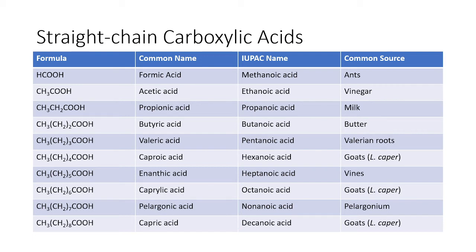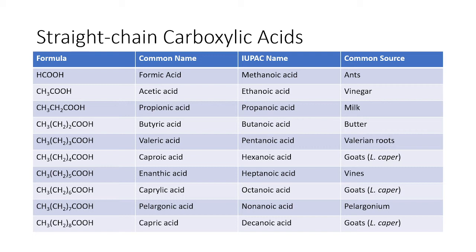And ang nangyayari lang, we just add the suffix OIC, then we have there the acid. Right? So we have there methanoic acid, ethanoic acid, propanoic acid, butanoic acid, pentanoic acid, hexanoic acid, heptanoic acid, octanoic acid, nonanoic acid, and decanoic acid.